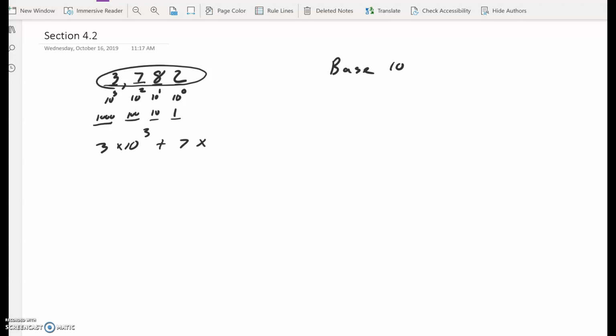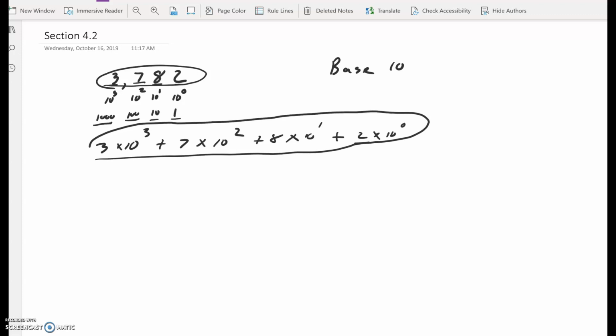I think I'm going to use times signs. Plus 8 times 10 to the first. It is possible just to write a 10 there. Plus 2 times 10 to the 0. And it's possible to just write a 2, because times 10 to the 0 is times 1, and 2 times 1 is 2. But this is the number written in expanded form.